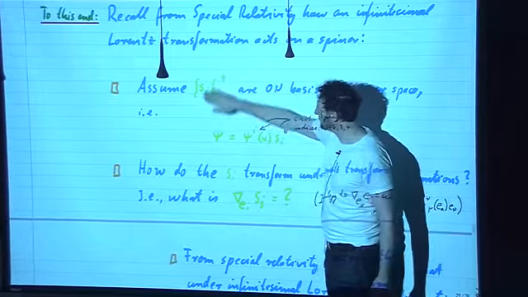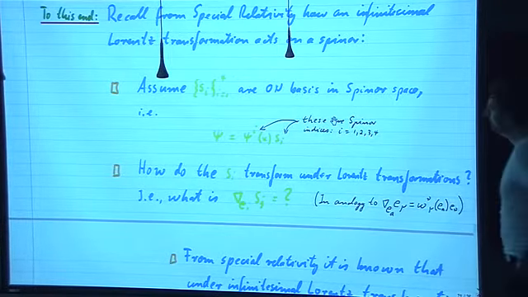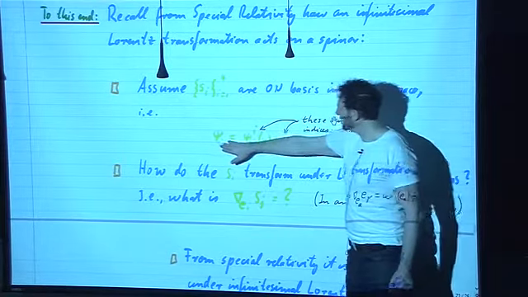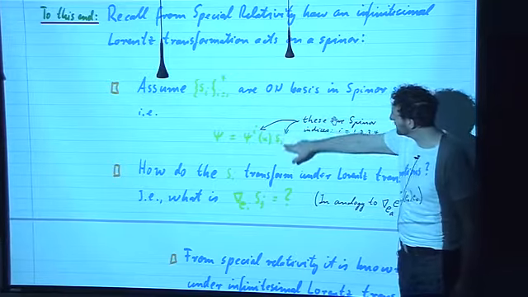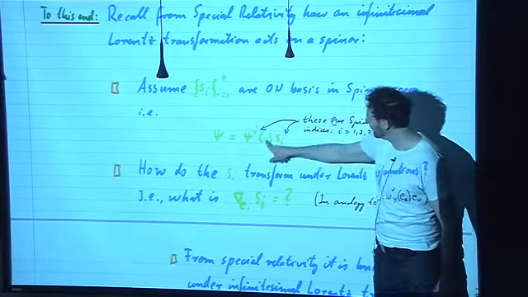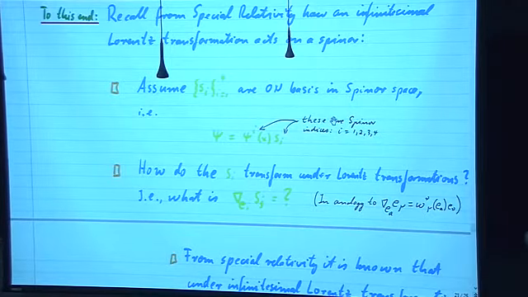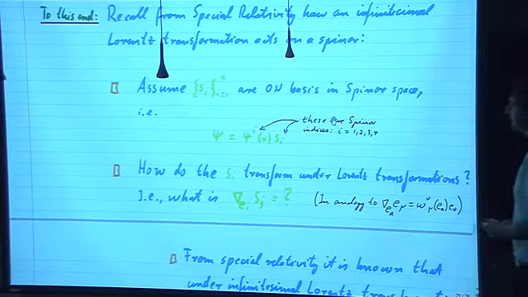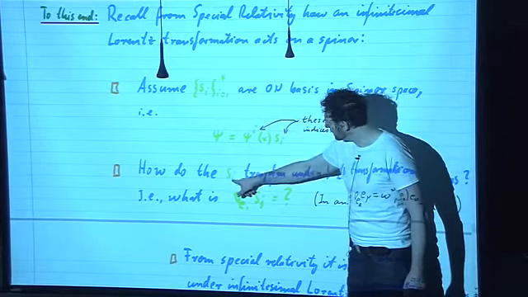We need 4 basis vectors Si at every point in space and time. So our spinors can be written as coefficient functions times those basis vectors. So these are just number-valued functions, and these are spinors. Then the question is, how does such a spinor, such a basis spinor, behave under parallel transport?